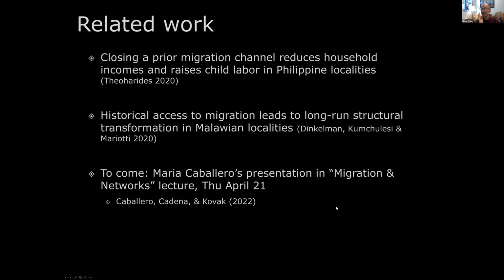I'm not sure, off the top of my head, if I know of any papers that I would refer you to that look at the impacts of forced migration on the outcomes of home areas.